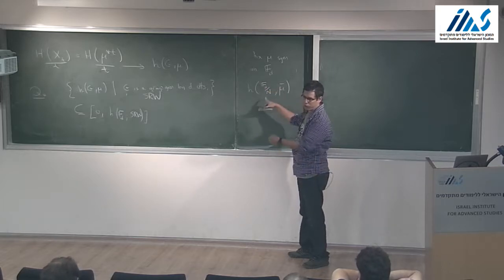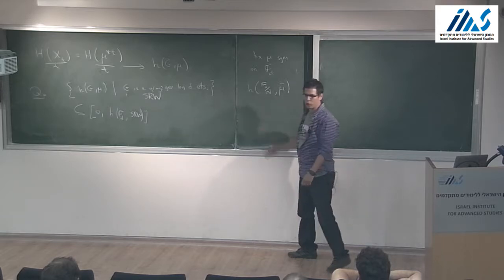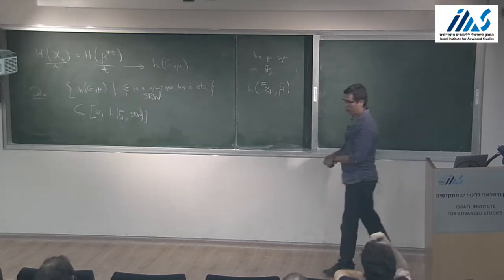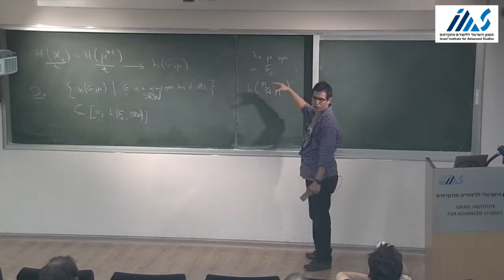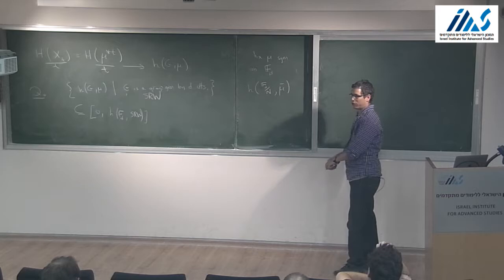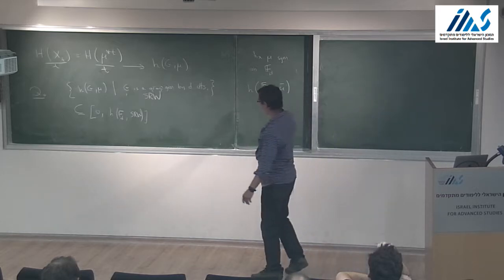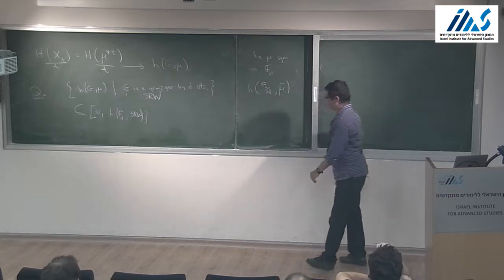So it's a different measure for every n, but then I run over all possible groups generated by the elements, and since I fixed the mu in advance, this fixes the measure for all the quotients. And I can ask what's possible in this setting.